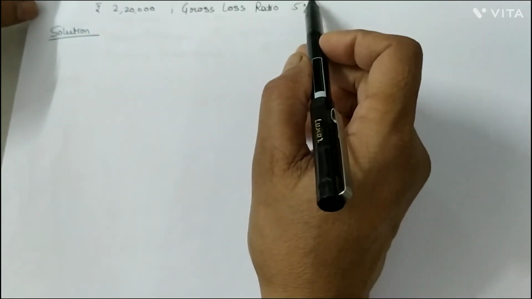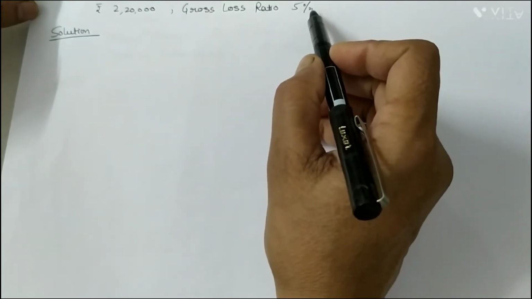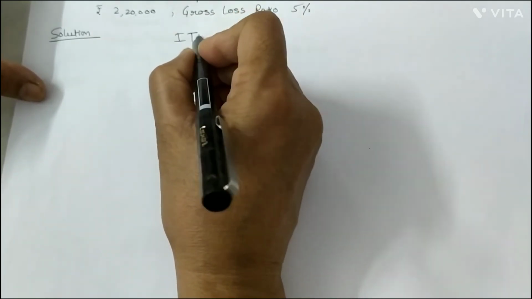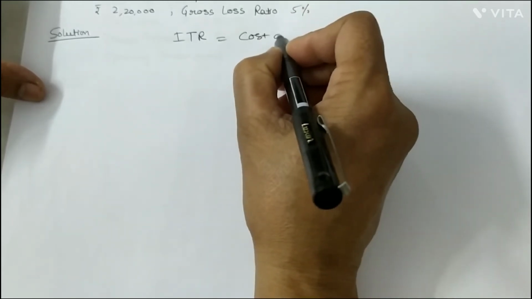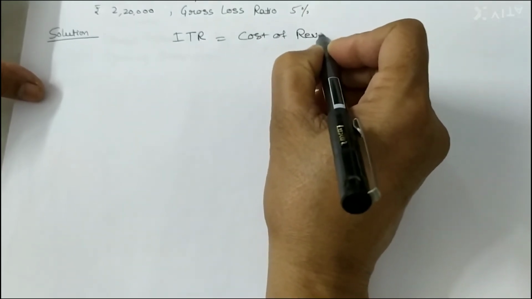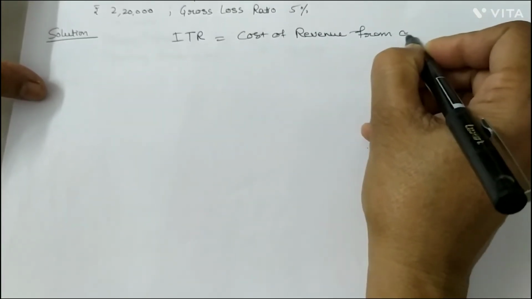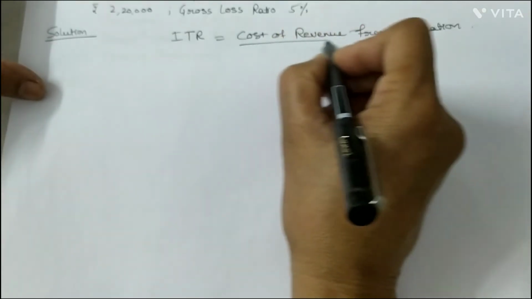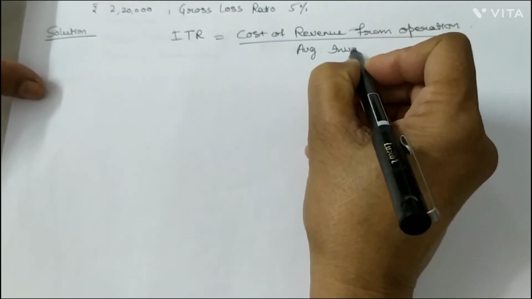From the following information, calculate inventory turnover ratio. Revenue from operation sales are given as 16 lakh, average inventory is 2,20,000 and gross loss is equal to 5%. So ITR, inventory turnover ratio, is equal to cost of revenue from operation divided by average inventory.